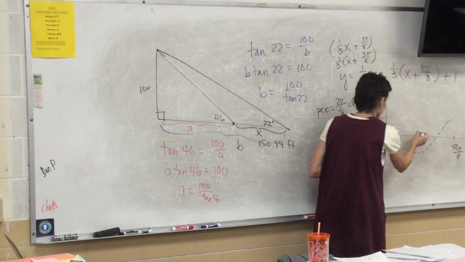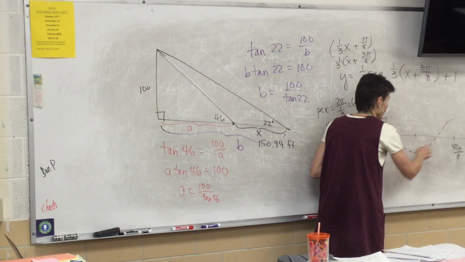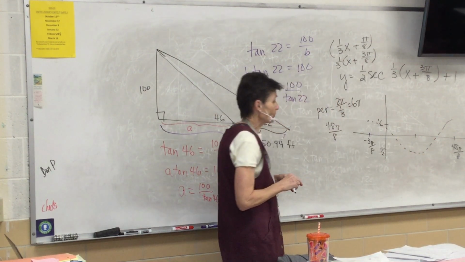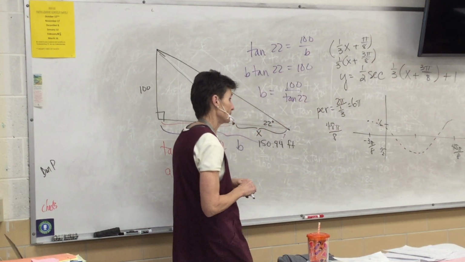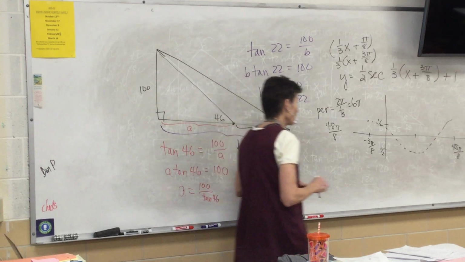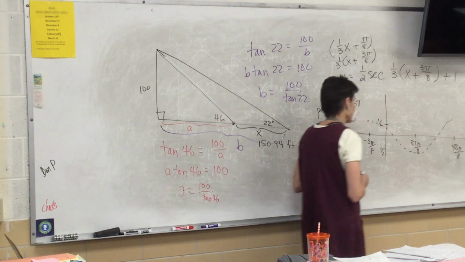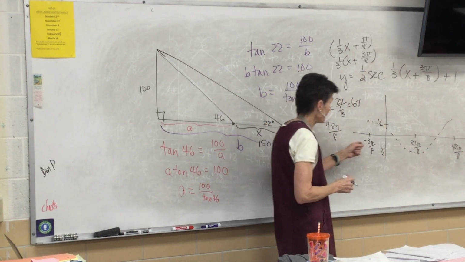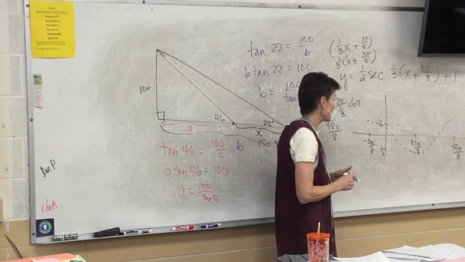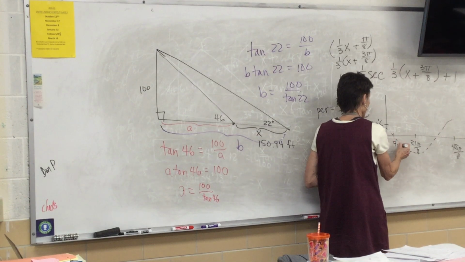Right in the middle of negative 3 and 45 would be 21 pi over 8. Negative 3 and 21 is 18, so that's 9 pi over 8.